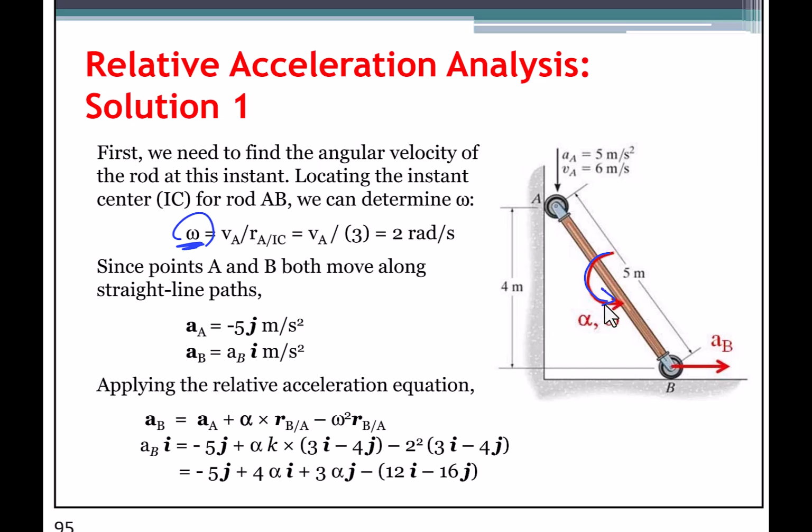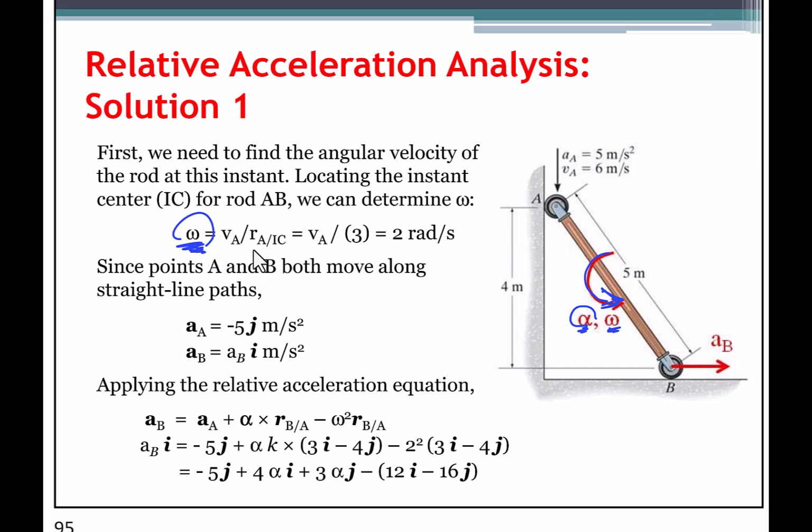Let's assume this is the angular velocity omega and this is the angular acceleration. From the beginning we can see that this is rotating in the opposite direction, but let's keep it this way. So let's say this is the angular velocity.